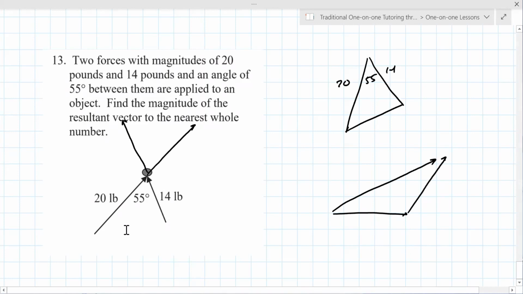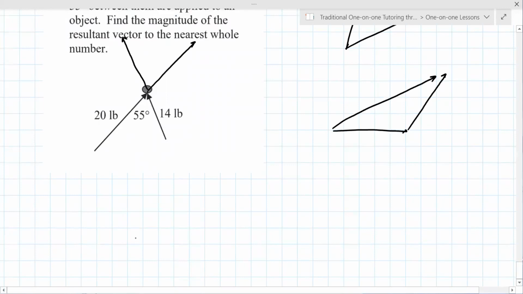In this problem, I'll use this as the base, and then this is going up. So if this is 55, then this is 125 degrees. And if you consider this the x direction, you need to break this into its x and y.